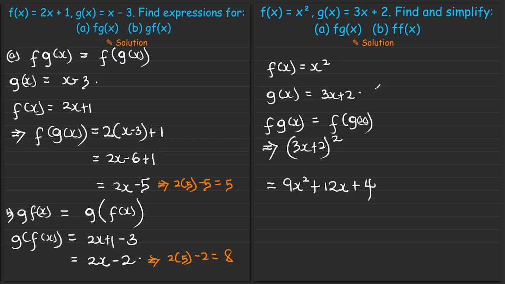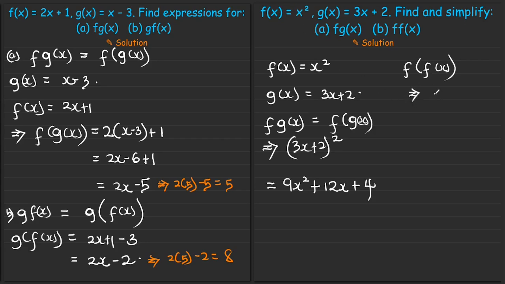Now the second one says we want f of f of x. How are we going to do that? So this time around is saying we should find f when we substitute its own function in place of it. And we know what f of x is.